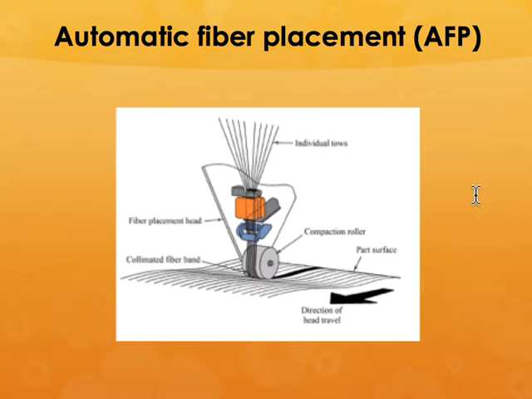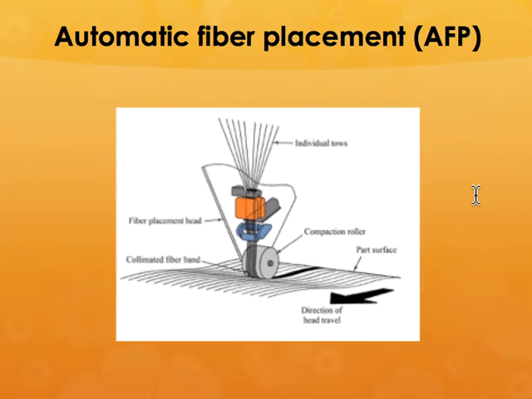The next process that you have for composite fabrication is the automated process called automatic fiber placement. So you take a pre-preg, most of the time a pre-preg or a pretty sturdy fiber preform, and you lay it down.